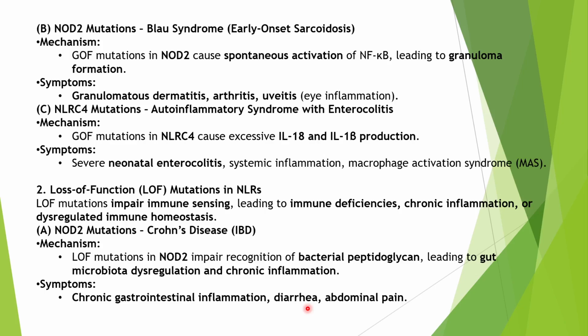Next is NOD2 mutation. NOD2 is also an NLR. The gain of function, we discussed, results in Blau syndrome, so early onset sarcoidosis. This is also granuloma.